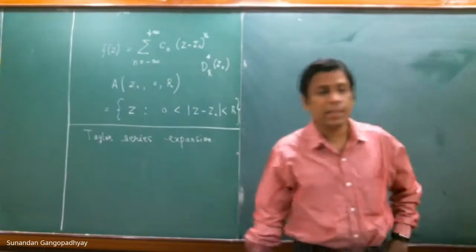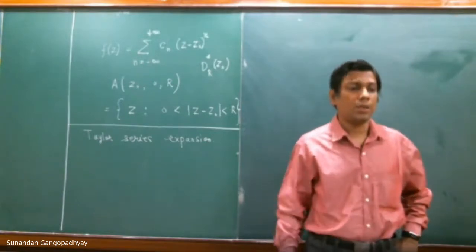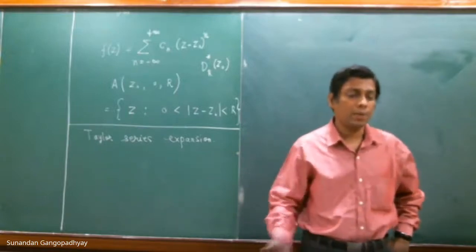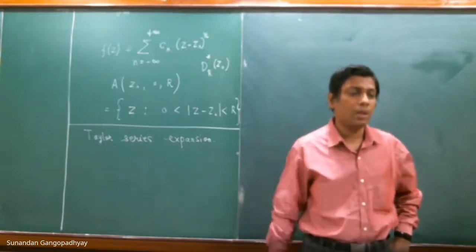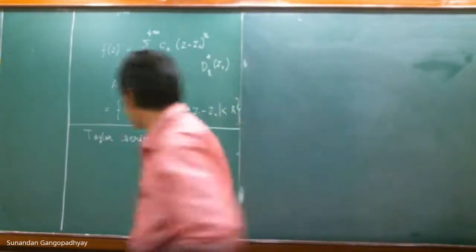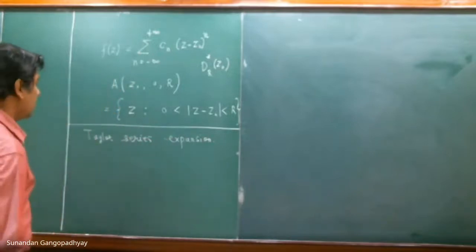By analytic, we mean that the function can be differentiated, and also we have seen that for analyticity of a function of a complex variable, the Cauchy-Riemann conditions are very essential. They must hold.